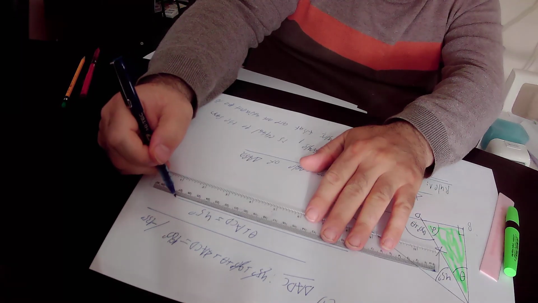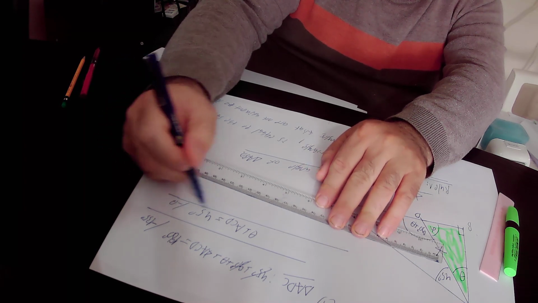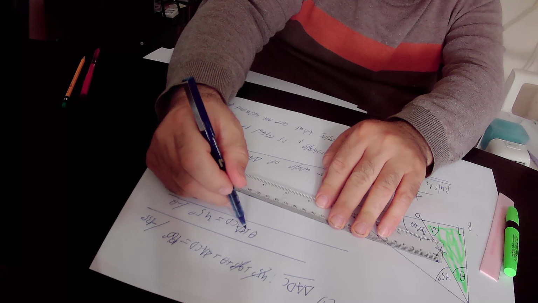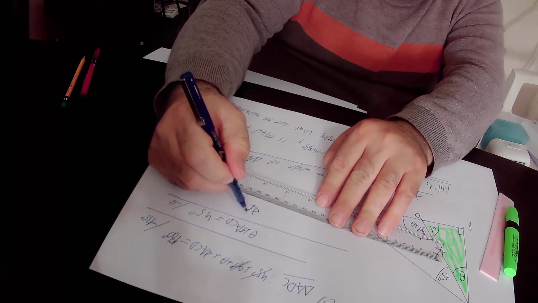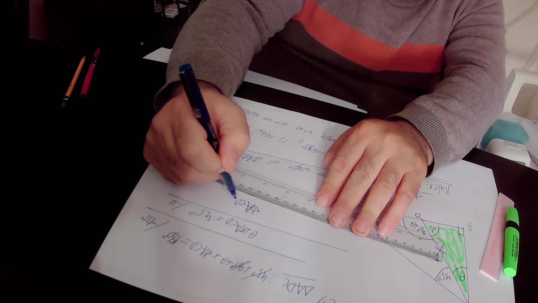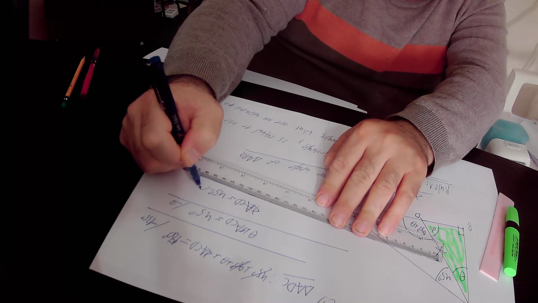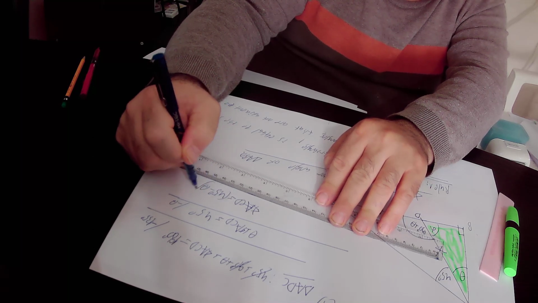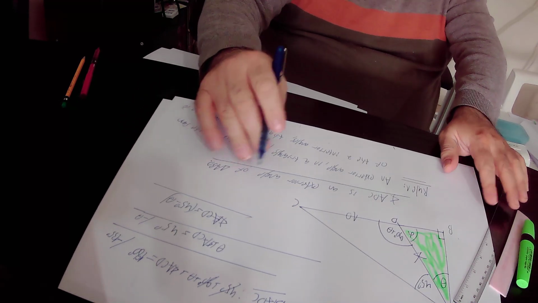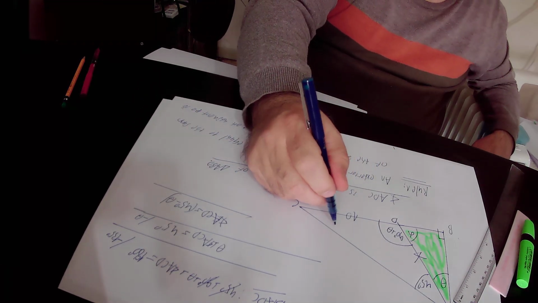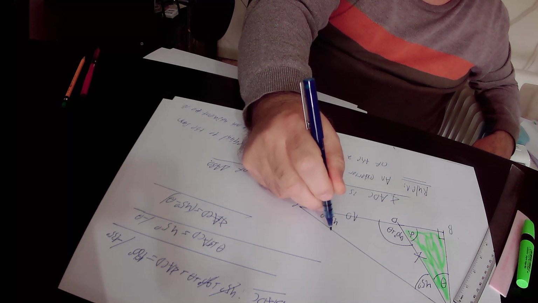So here we will subtract theta from this equation, and you will get that the missing angle, angle ACD, is equal to 45 degrees minus theta. Okay, so we found out that the missing angle here is equal to 45 degrees minus theta.